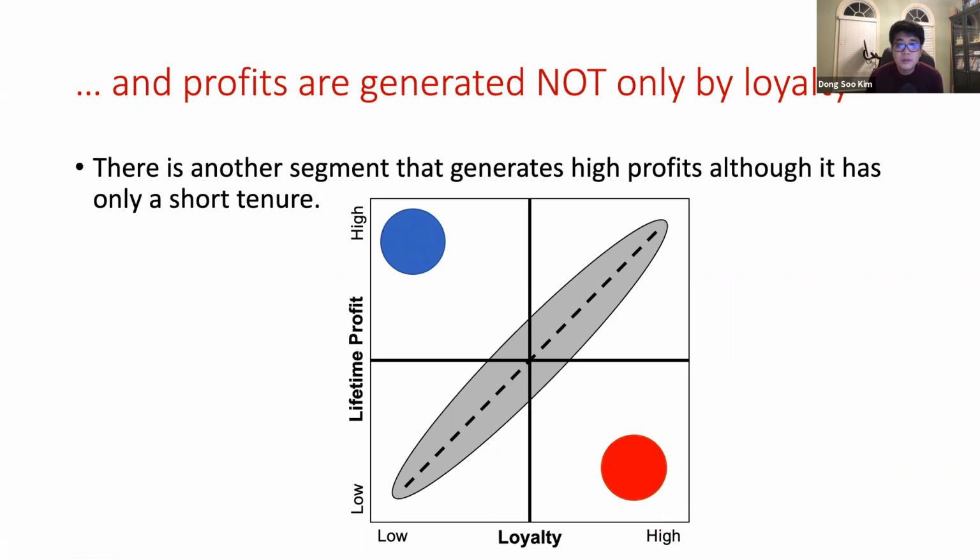Furthermore, there is another segment of customers who gave high profits, even though their loyalty is low, like this blue circle. So the people in this blue circle just provide very high profit, but their loyalty level is low.